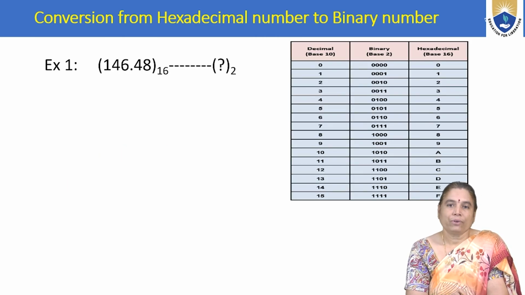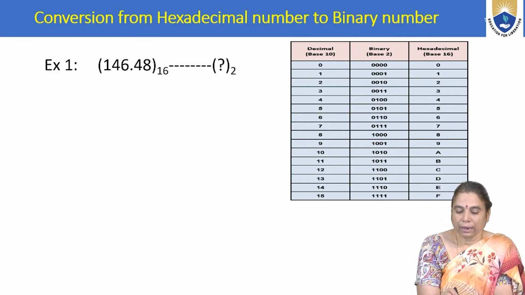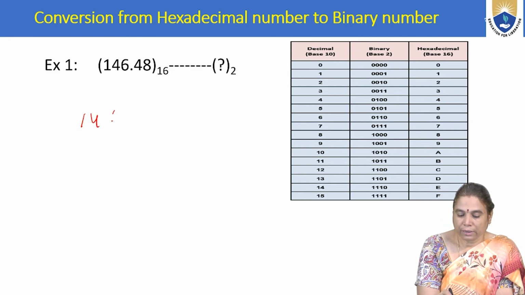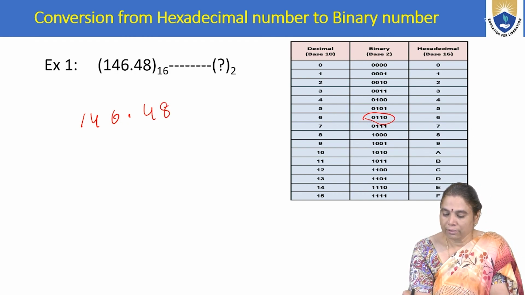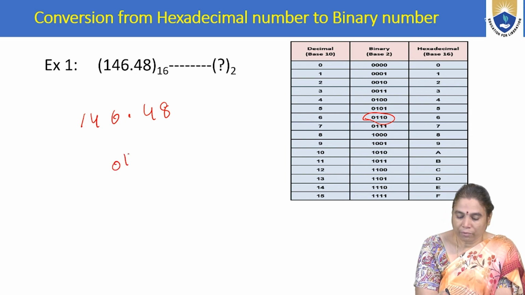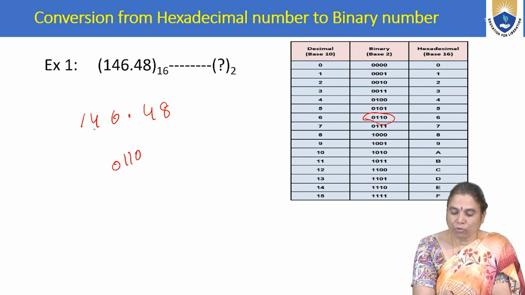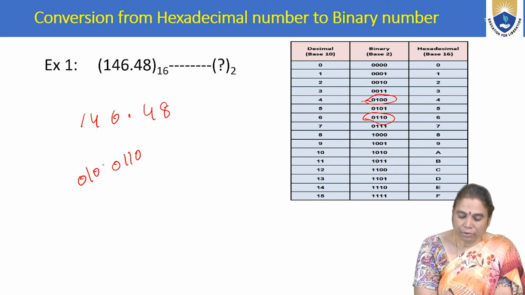And in case of the fractional part, how can it be converted? So here take 146.48. What is the 6 equivalent? It is 0110. What is the 4 equivalent? It is 0100.